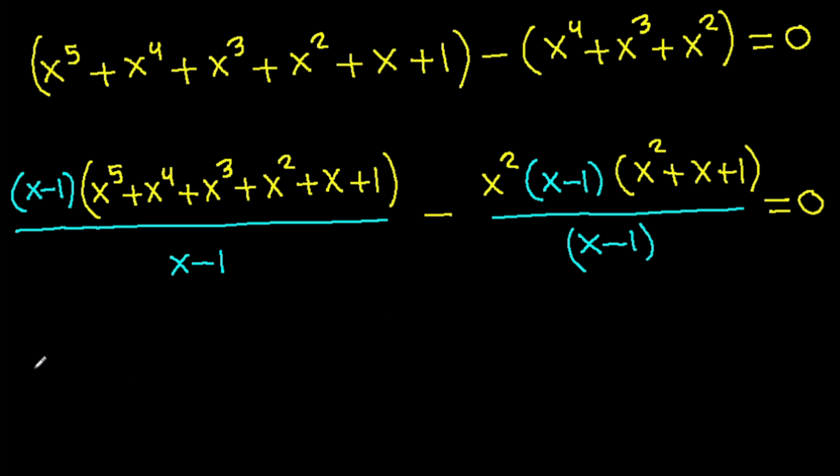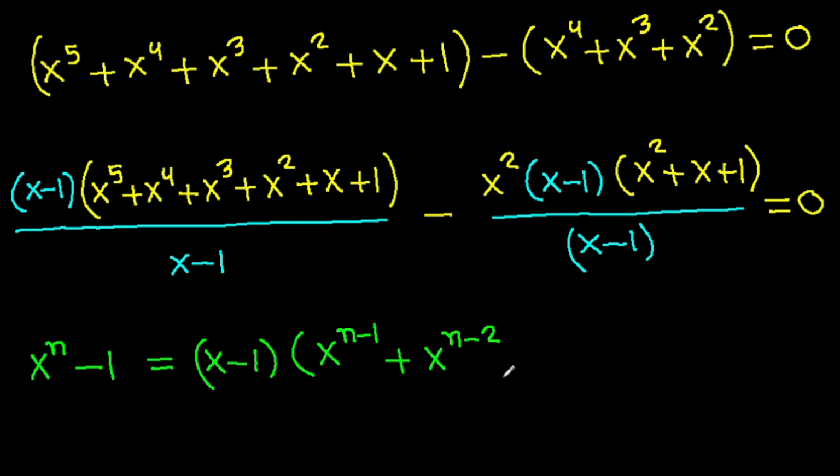we know that x power n minus 1 is equal to x minus 1 times x power n minus 1 plus x power n minus 2 plus x power n minus 3 plus up to 1.